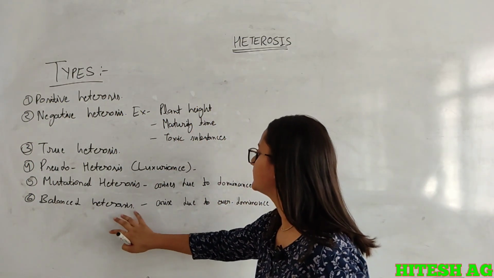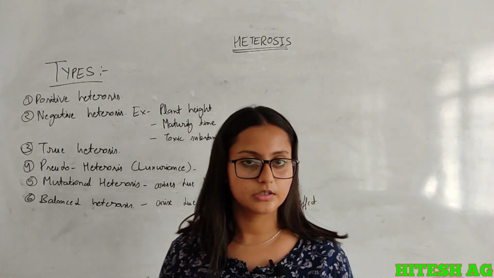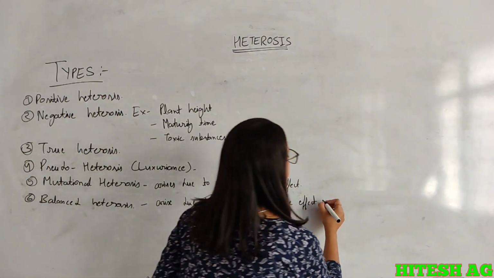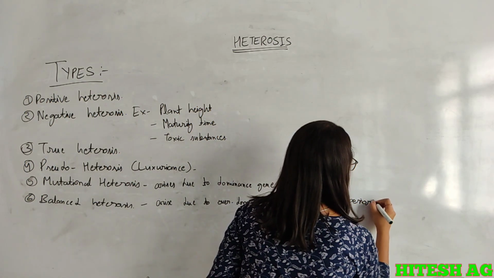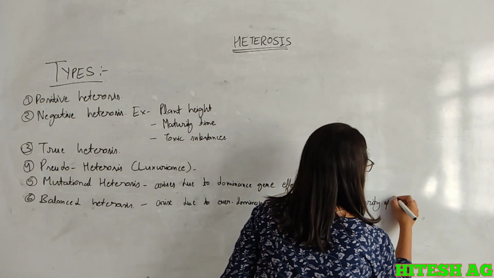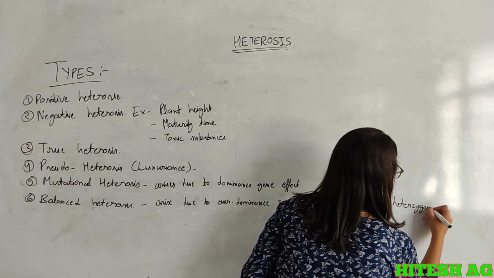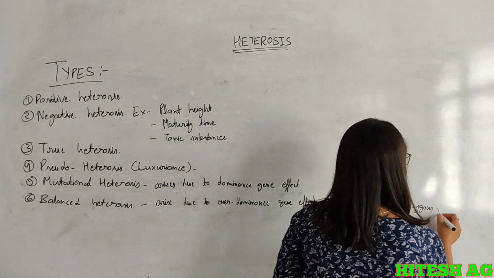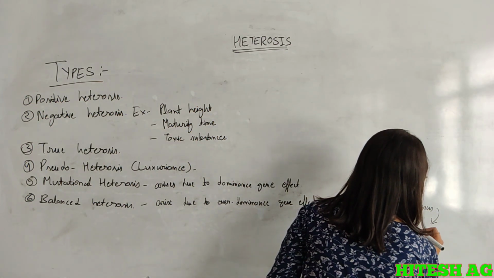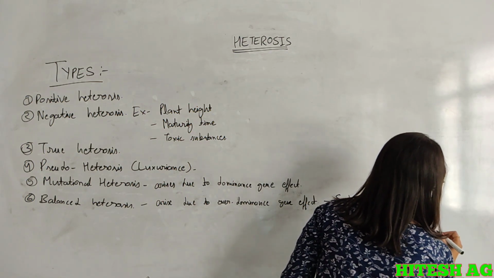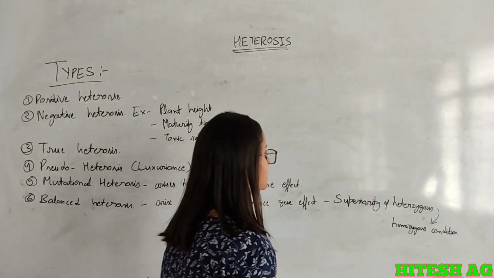And in overdominance gene effect, it is basically the superiority of the heterozygous condition over both of its corresponding homozygous conditions.